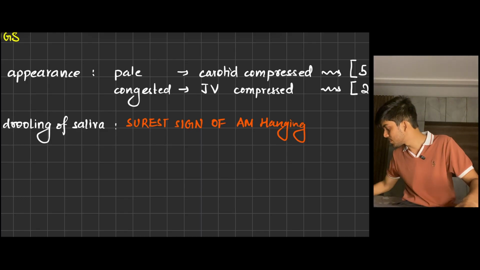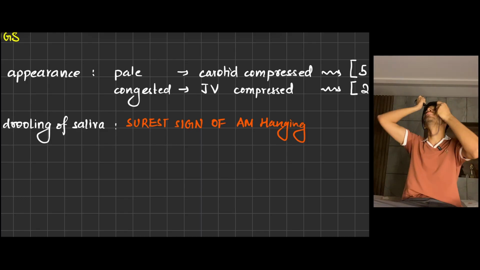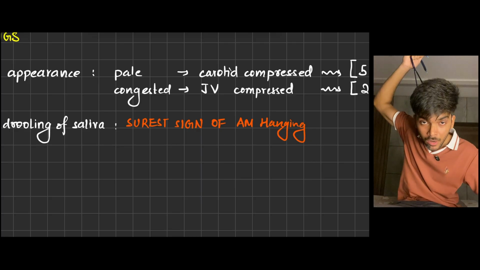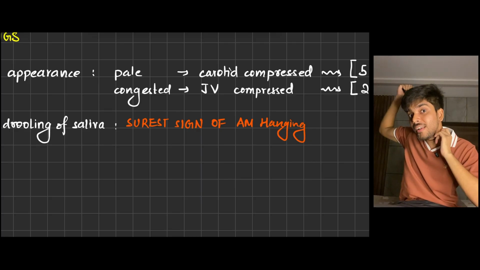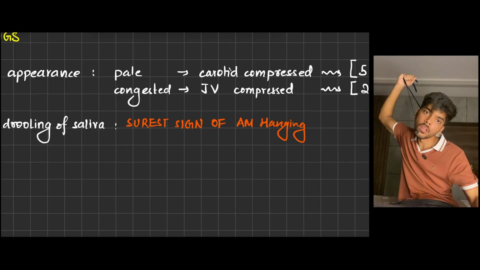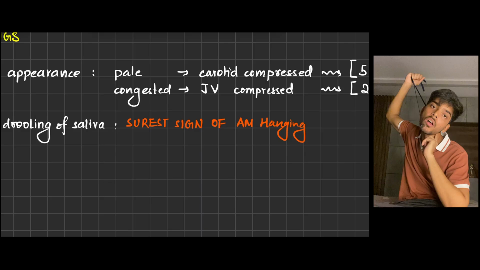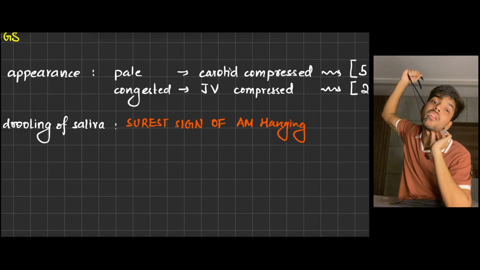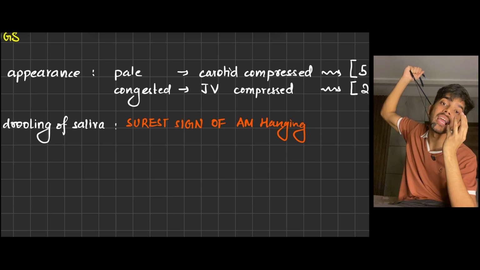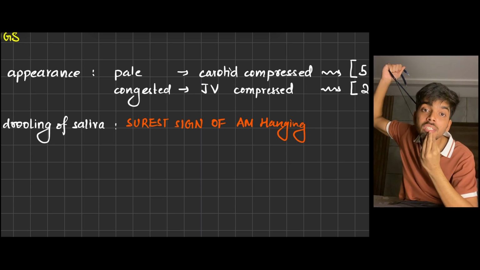See, this is what happens. When the person hangs himself, right? The person is alive and now he hangs himself. What happens is that on the dependent side, for example, I am hung like this. This is the dependent side. On the dependent side, the submandibular gland gets irritated and there is excessive production of saliva, and then this saliva drools out of the mouth.